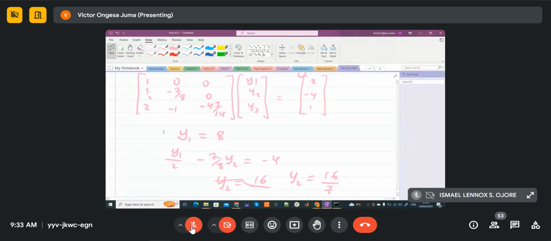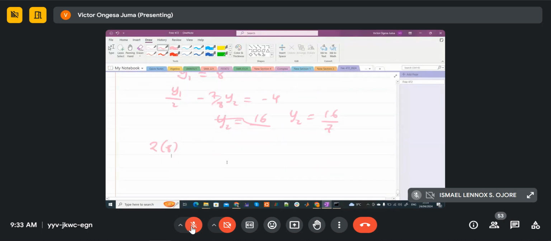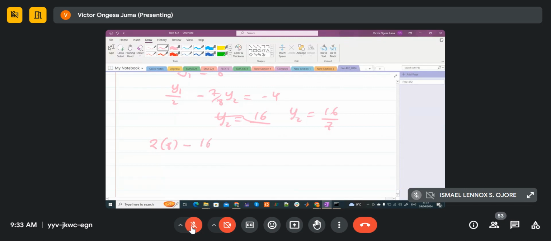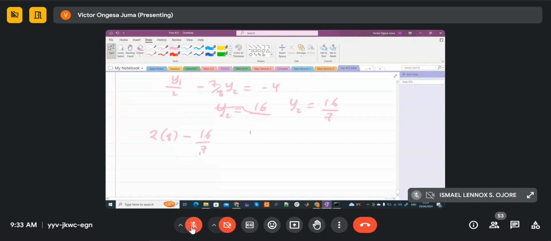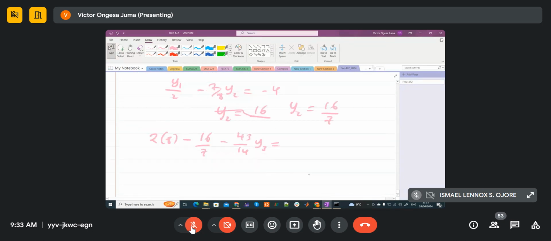And having seen this, we proceed now to y1, 8, and then minus y2, so minus 16 over 7, and then plus minus 43 over 14 y3, which is equivalent to 1.